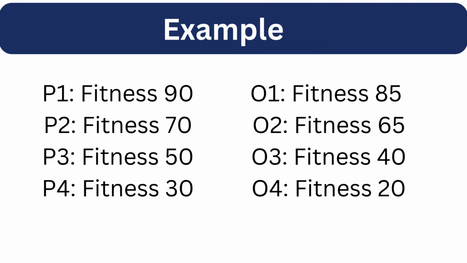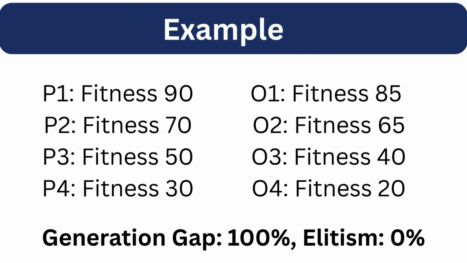The fitness of the offspring individuals is also given. Now, with different rates of generation gap and elitism, we will try to find which individuals will be passed on to the next generation. If we set the generation gap to 100% and elitism to 0%, which individuals will be passed to the new generation?